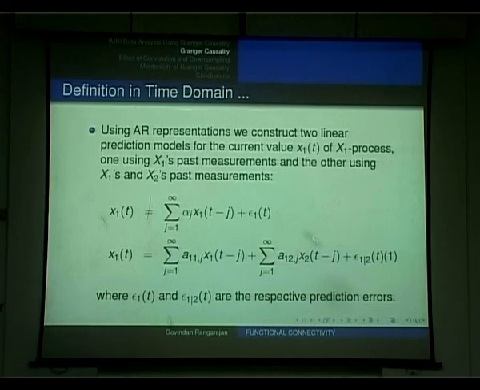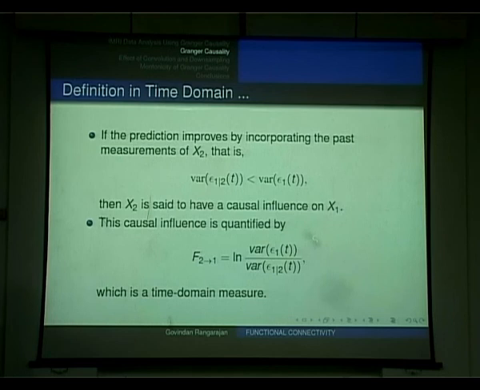That is quantified by looking at the size of these errors. If x2 helps in predicting x1, obviously the size of this error is going to be smaller than the size of the other error, because the prediction is better. So that is what Granger causality does, and you quantify it in this manner.